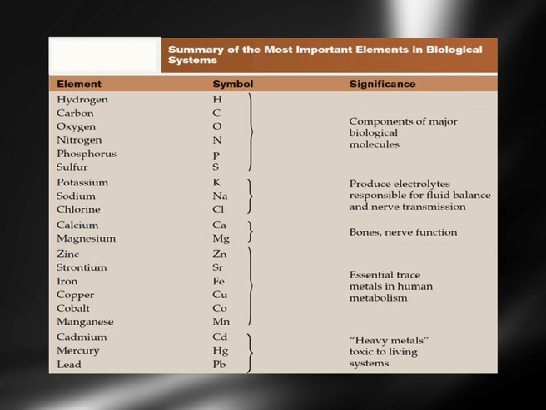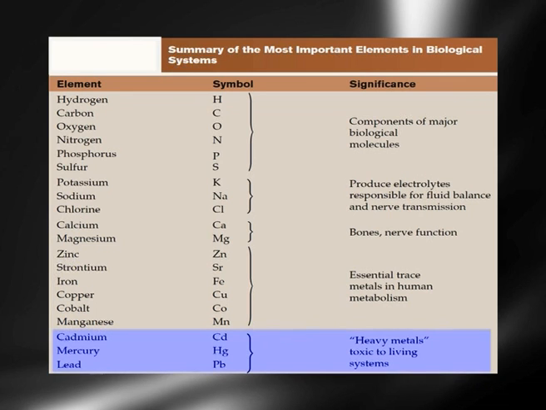Calcium, magnesium, zinc form bone structure and are also important for nerve function. Zinc, strontium, iron, copper, cobalt, manganese are essential trace metals in human metabolism. On the other hand, cadmium, mercury and lead are considered heavy metals and they are toxic to living cells.